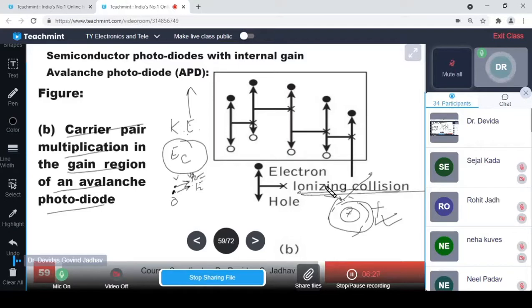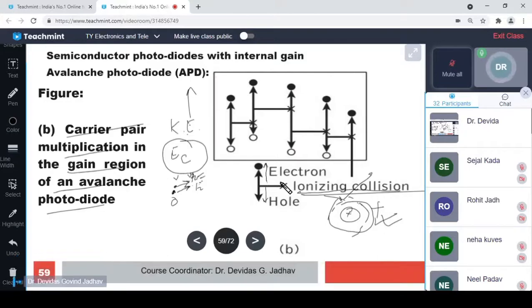by detaching the electron and creating the hole. An electron-hole pair is created. And one electron can generate thousands and tens of thousands of such electron-hole pairs. Okay. So this is called impact ionization.